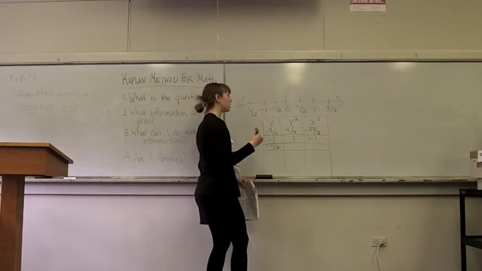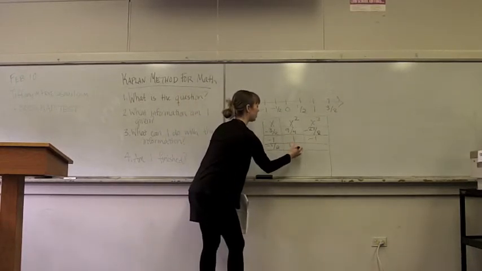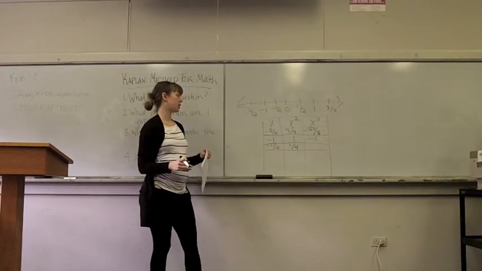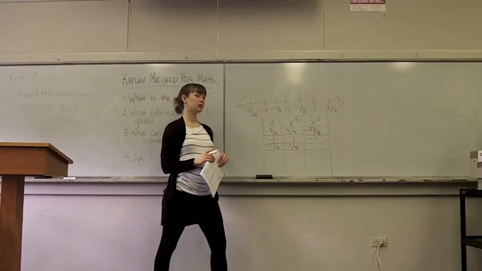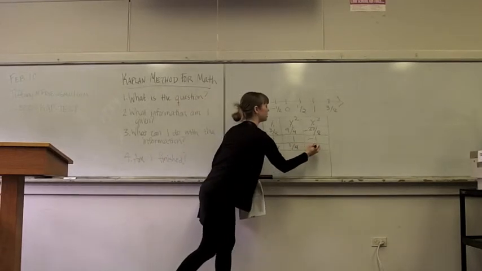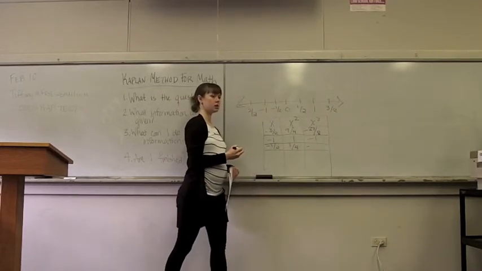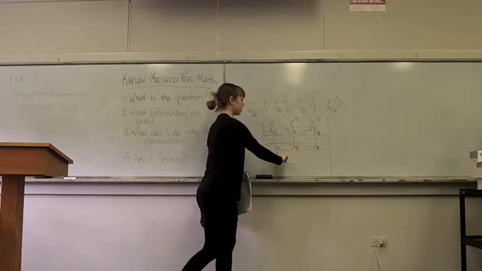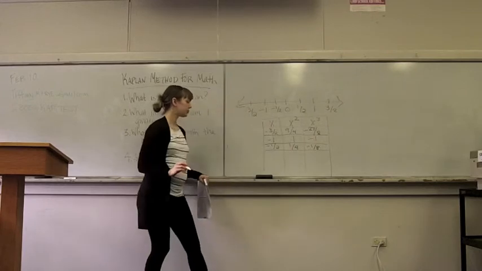Quarter. Positive. Positive, a quarter, 1 over 4. And then, Scott, when we cube it, what do we get? We get a negative, and do you know what that fraction would be? 1 over 8. Because again, 1 stays the same, 2 times 2 times 2, 8.